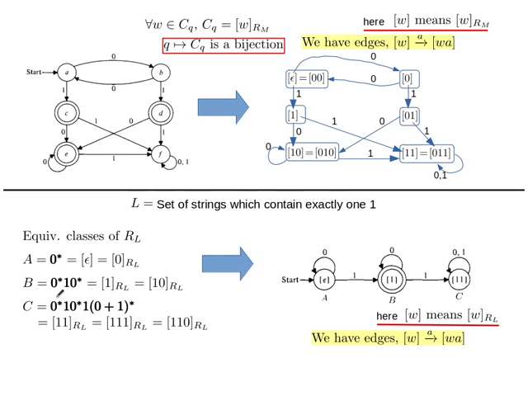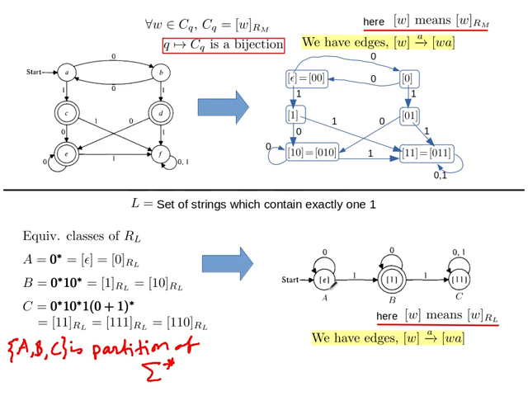So this A, B, C is a partition of sigma star. Taking cues from here, we construct an automaton where the states are these equivalence classes.